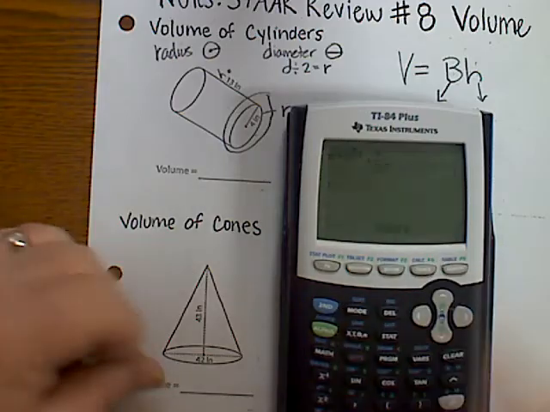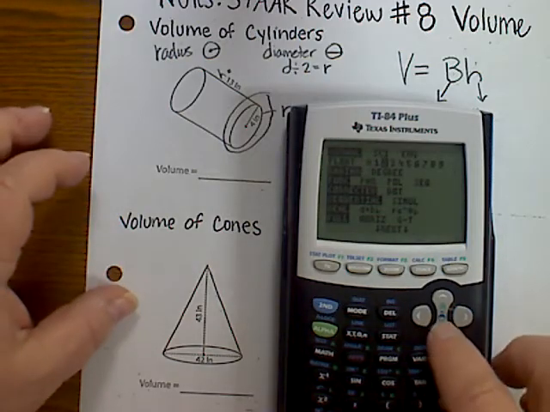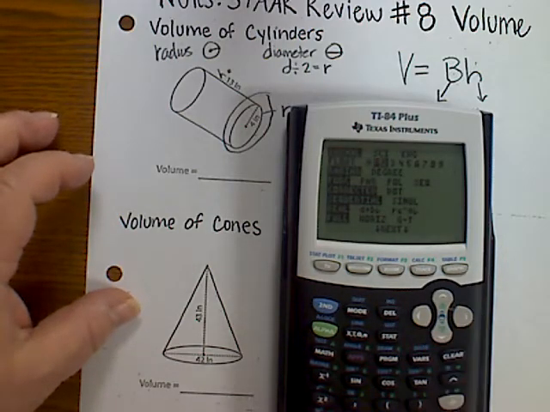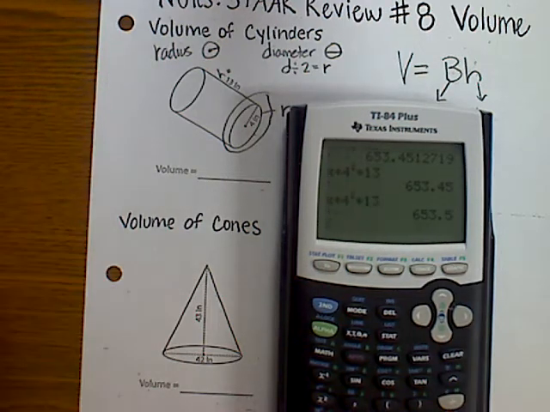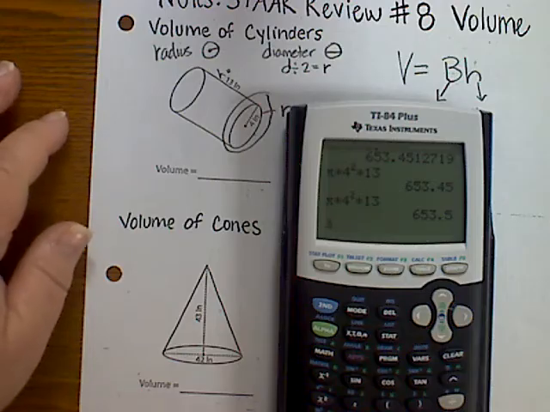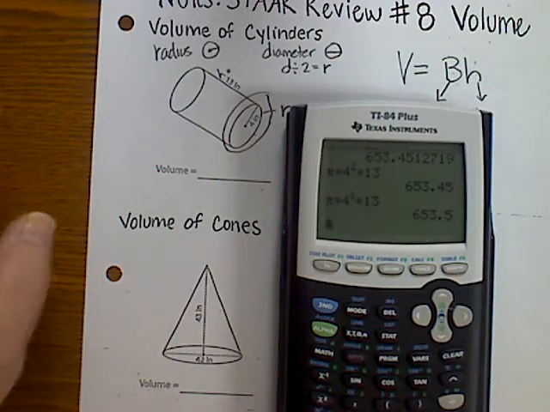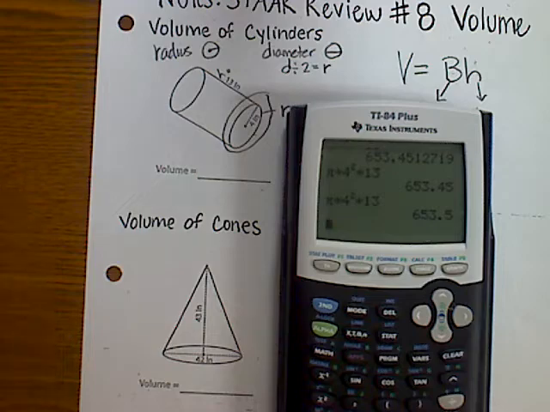Now, if I wanted it to the nearest tenth, I could push mode, go to 1, hit enter, second quit, and it would round it to the nearest tenth. All right, so today I would say that you can leave it on float unless it says specifically it wants it to the nearest tenth or hundredth.